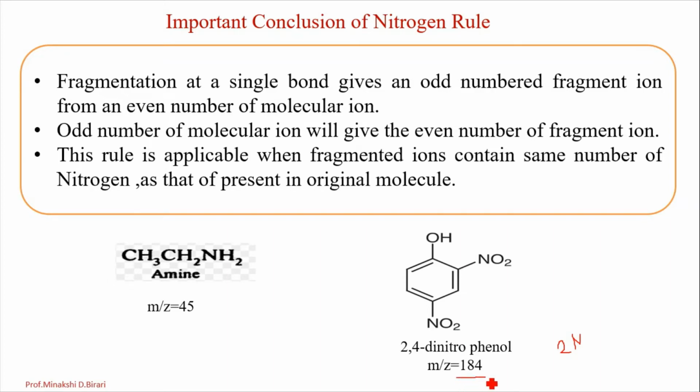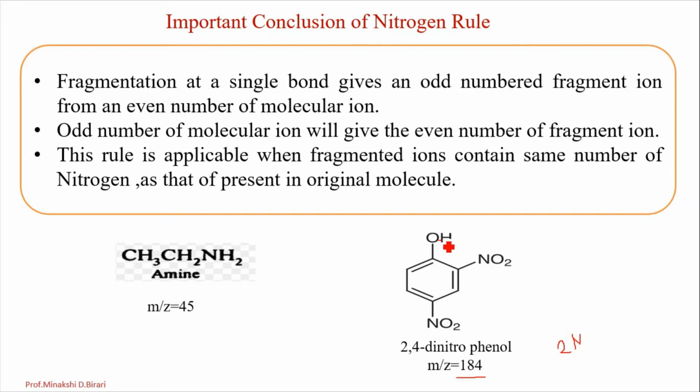But if we consider the fragmentation of 2,4-dinitrophenol, how does the fragmentation or the cleavage occur? First of all, a beam of energetic electrons is bombarded on this molecule, and there is cleavage of this bond.